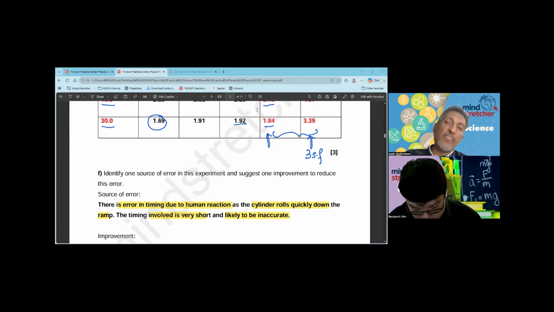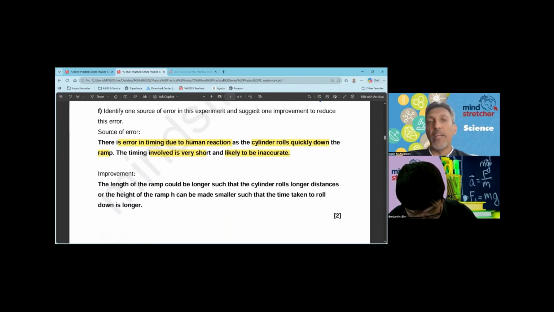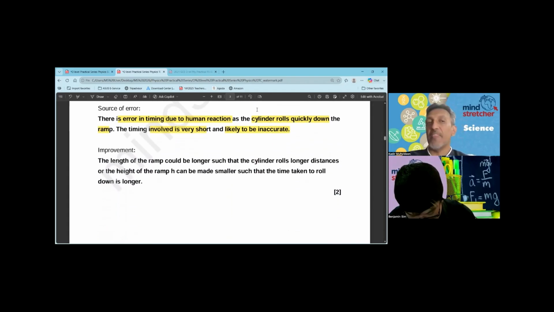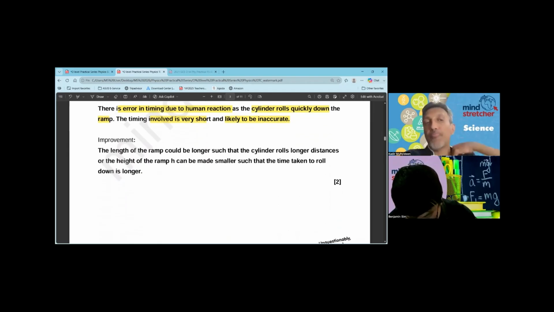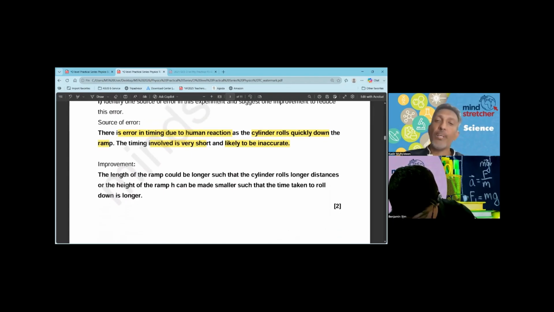Your suggestions are all good and valid. I just said here, if you use the same apparatus, you could do the experiment using a longer length of the ramp, such that the cylinder rolls a longer distance.